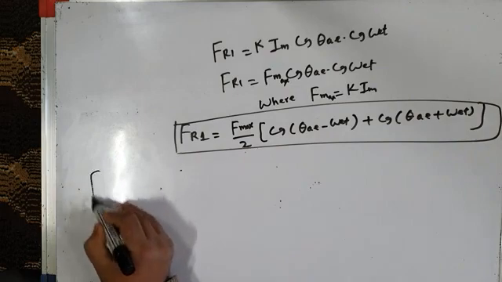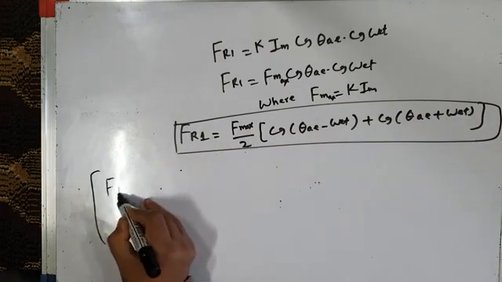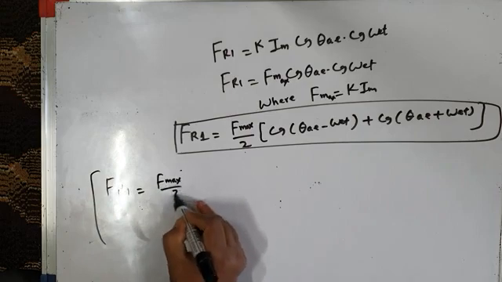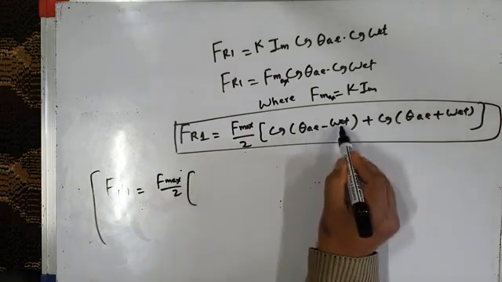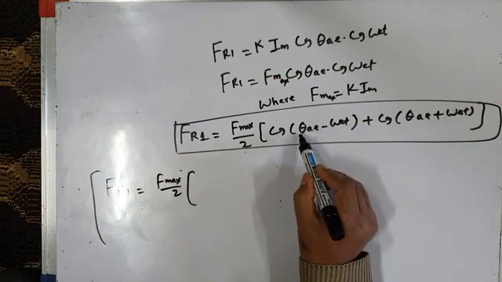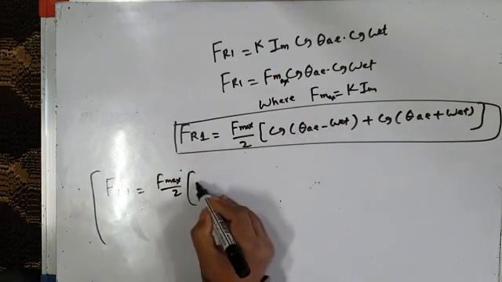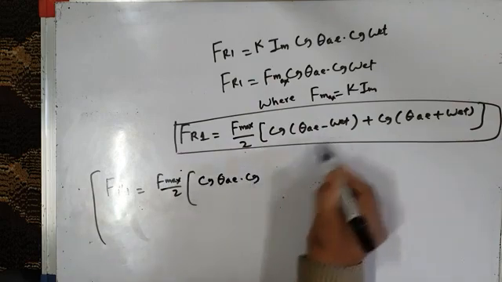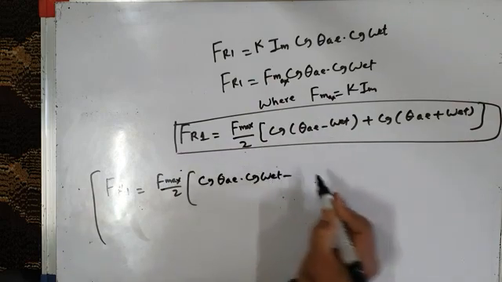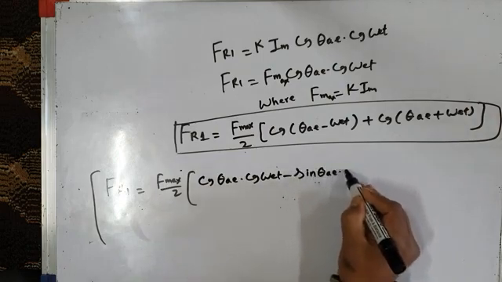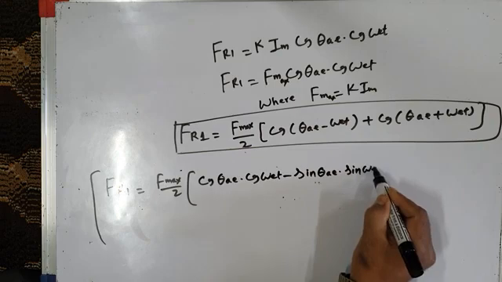It is because if you expand this expression FR1, it is F max by 2. So this is cos of A minus B, and the trigonometric identity for cos of A minus B is cos A cos B plus sin A sin B. So this is cos theta AE into cos omega AT, plus sin theta AE into sin omega AT.